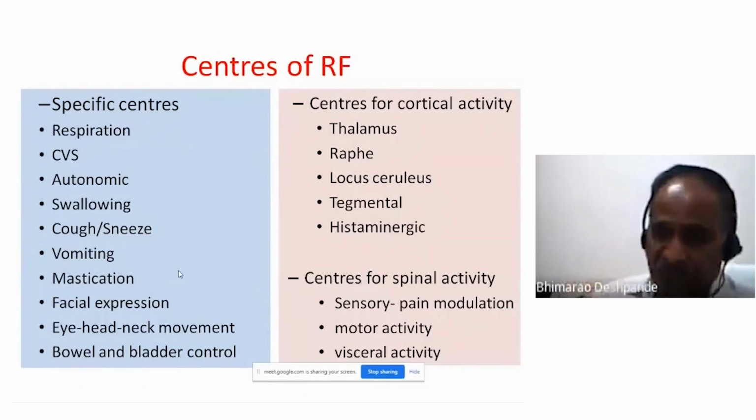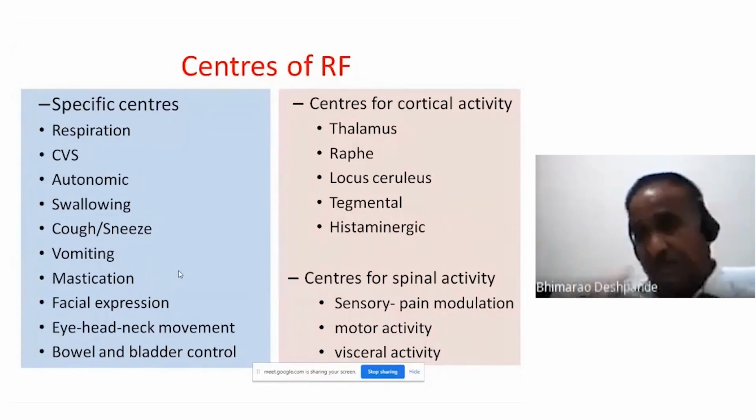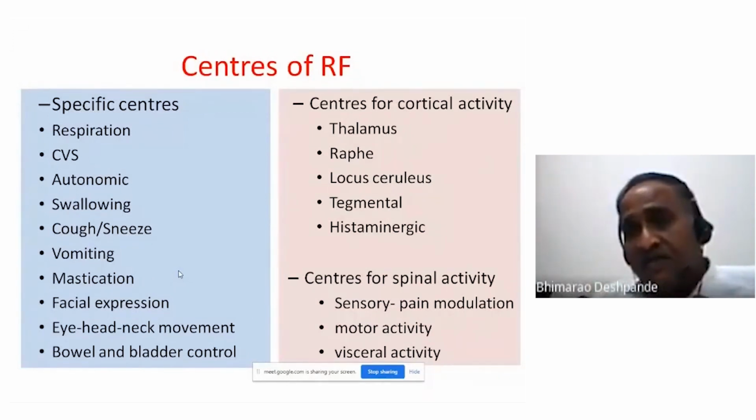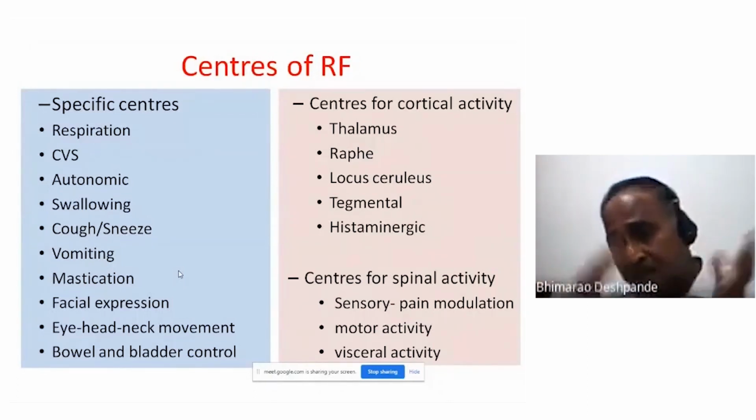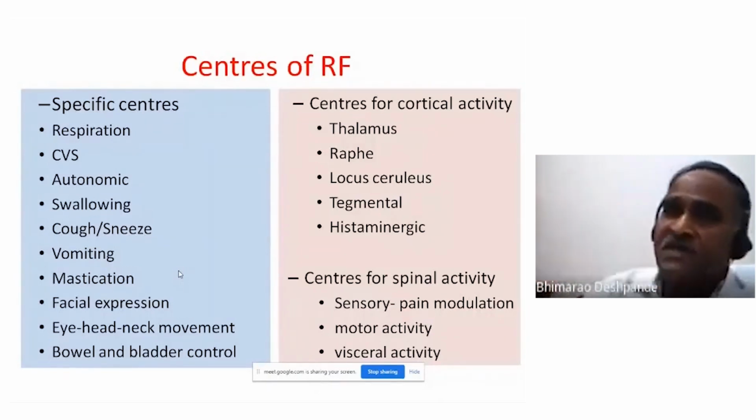One micturition center is there at the spinal level, and at the midbrain level, and at the cortical level. So now the cortical level is only regarding the social behavior, total presence or absence of these things. Same thing with the bowel. So now these are the specific centers.